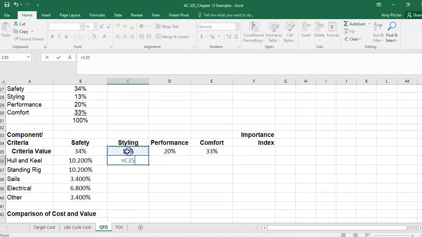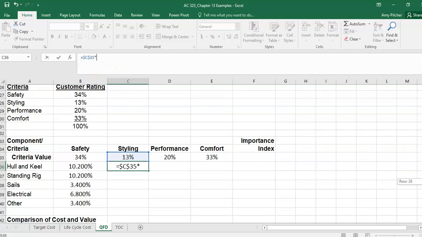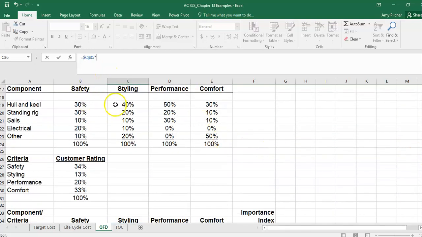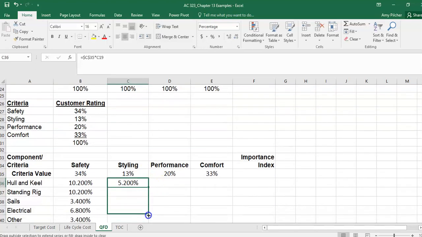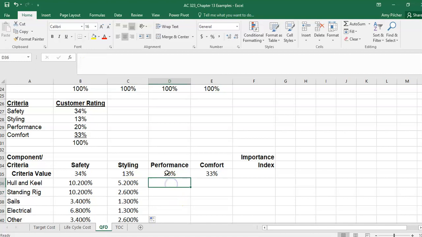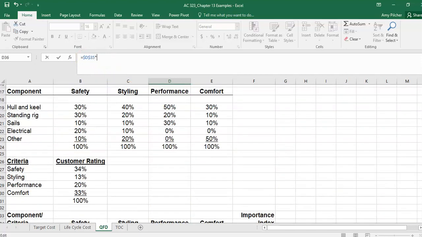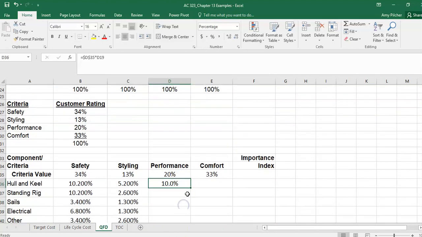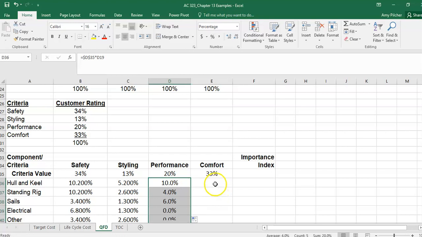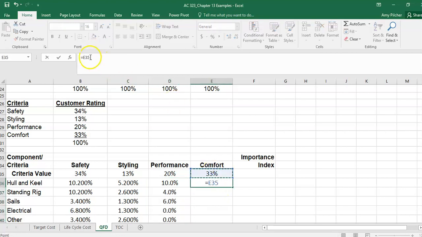And we do the same for styling. Performance. And comfort.